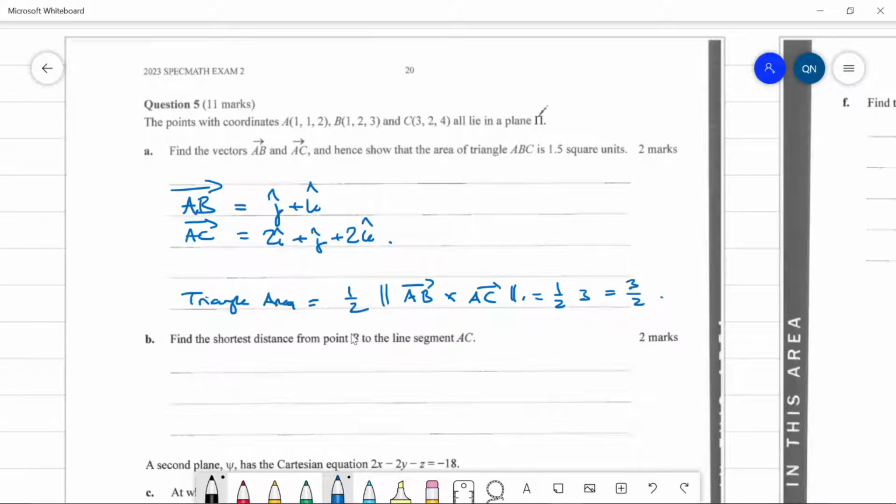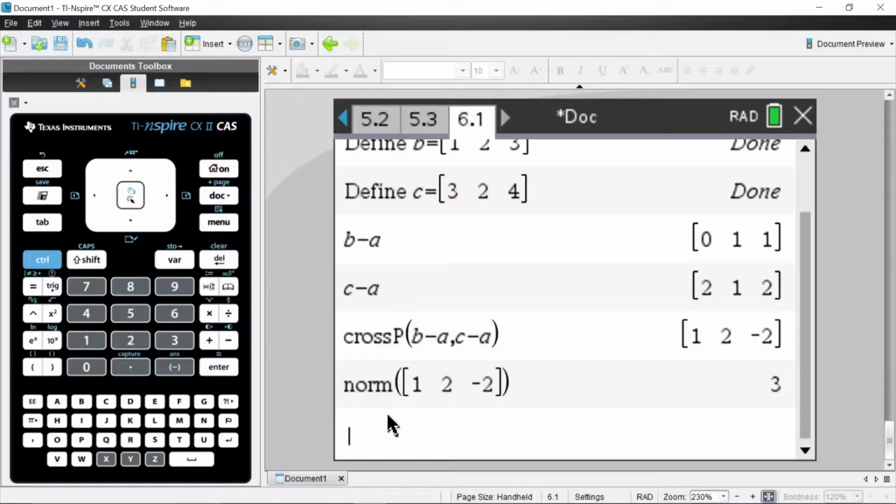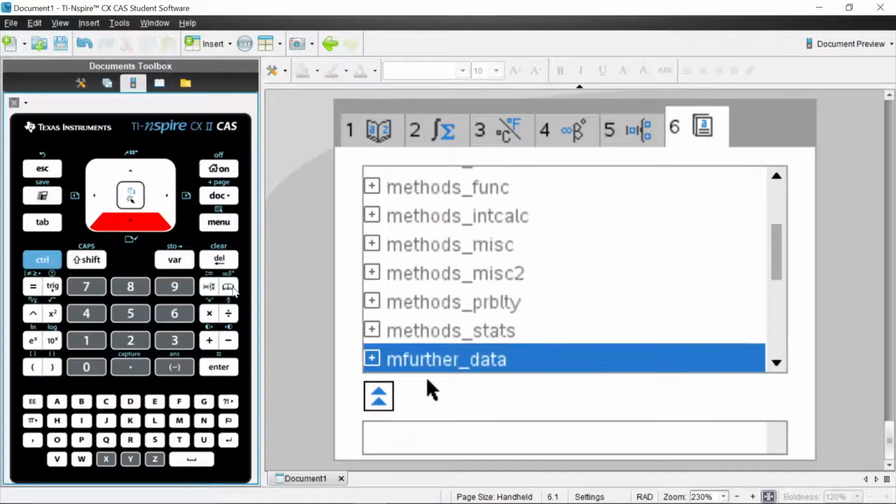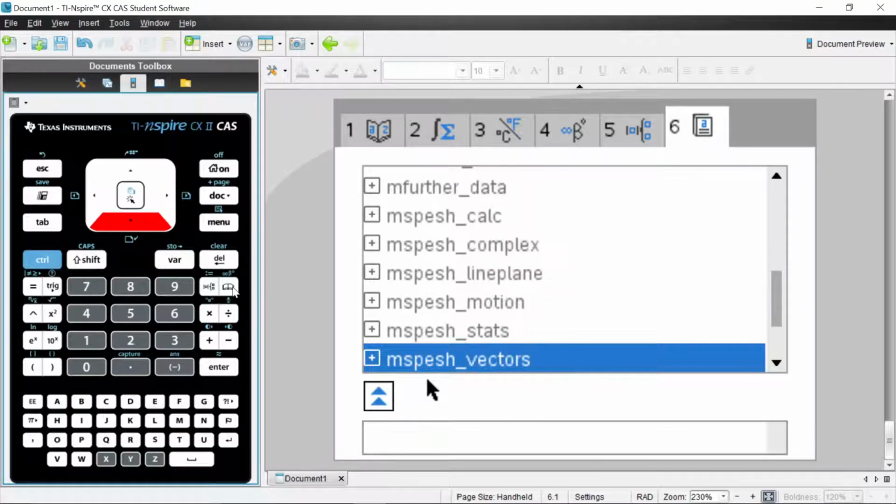Okay, find the shortest distance from point B to line segment AC. So line segment AC, let's see. Here's A, here's C. The line segment AC can be described by the direction vector C minus A. Okay, so let's use the program for this, for the shortest distance between a point and a line.